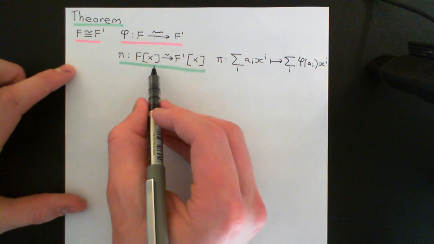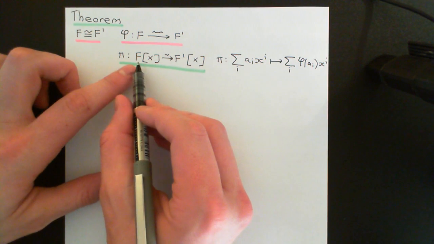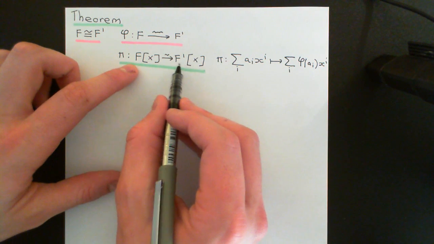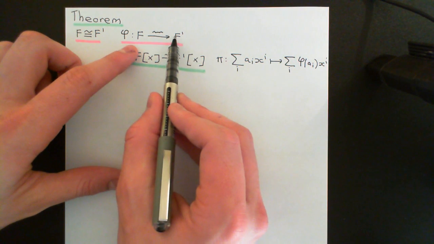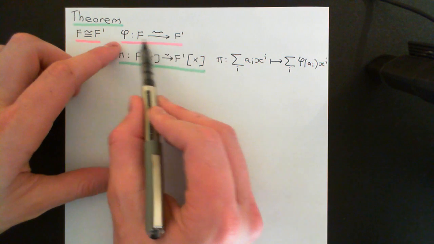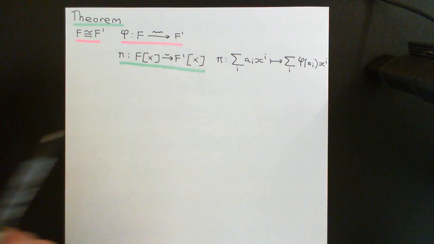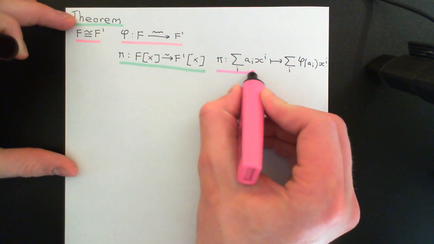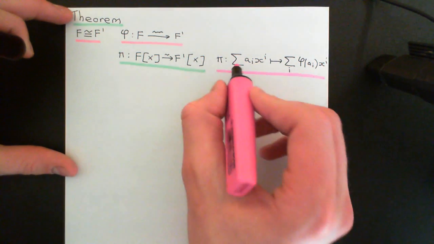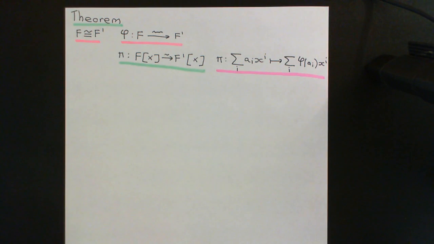So I'm just taking any polynomial with coefficients in this field capital F and replacing the coefficients with what, if you rubbed them out and replaced them with what they should be in F prime according to this isomorphism, you would get. Okay, so I hope it is obvious that that is an isomorphism, and therefore I don't actually need to prove that pi obeys the axioms of an isomorphism.